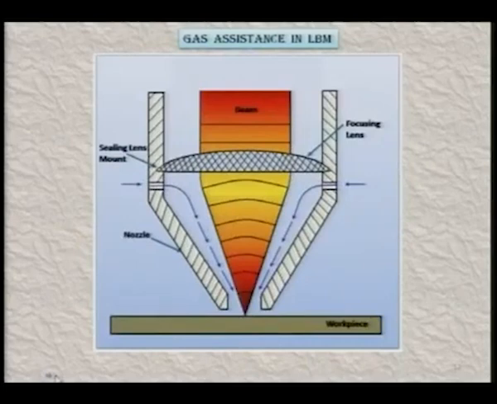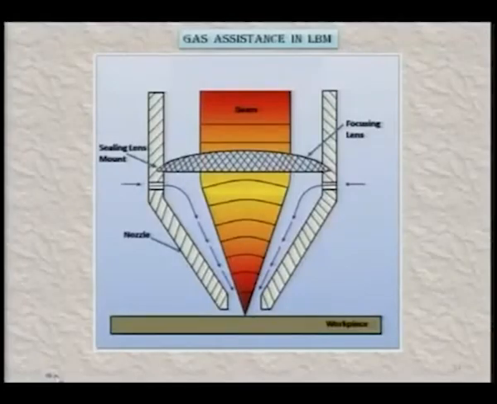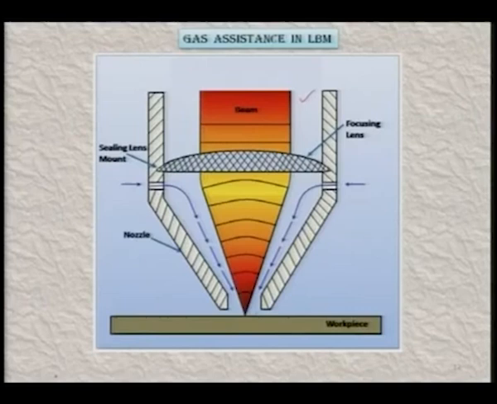Now, in various applications of laser beam, many times gas is utilized for assisting the laser beam activities. The arrangement of the gas is as shown here in the figure. Here is the laser beam which is getting concentrated with the help of the focusing lens on the workpiece, and whatever heat is generated results in melting and vaporization of the workpiece material.